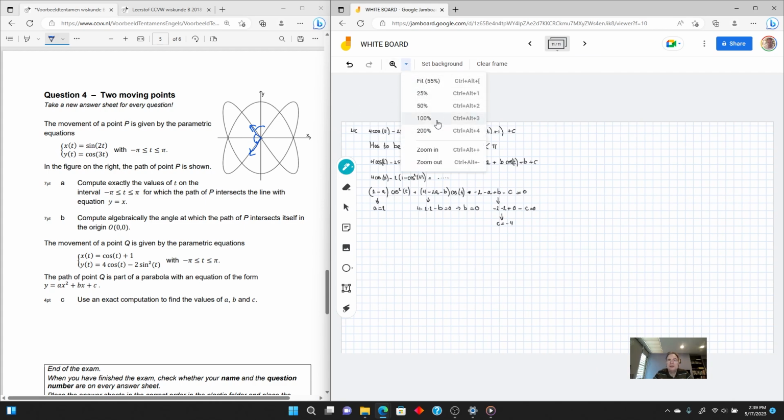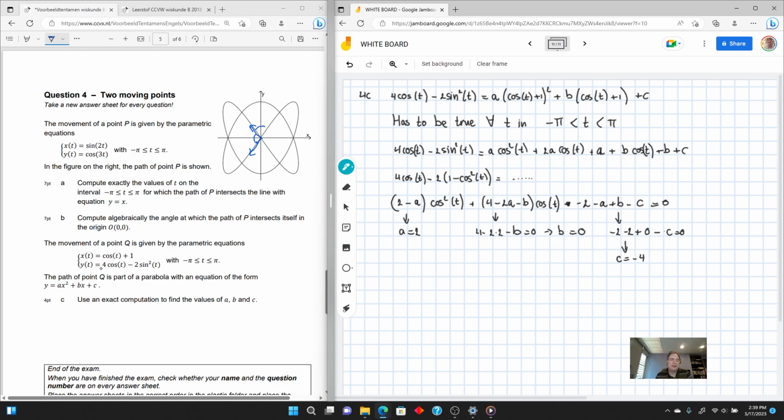So here we need to substitute these x and y's in this, and then figure out for which a, b, and c that always can be true. So that's what I've done here. We have substituted y and x, and then I manipulate it so that you write it in the form of a basically quadratic equation in cosine squared t.